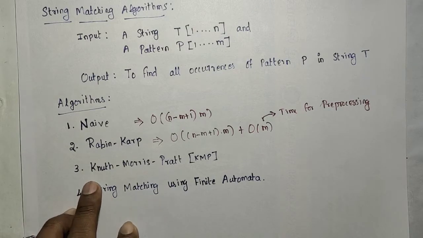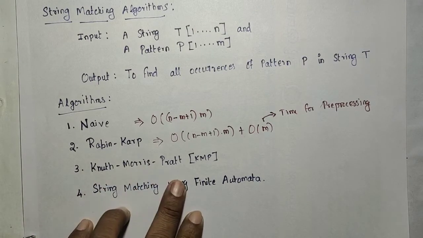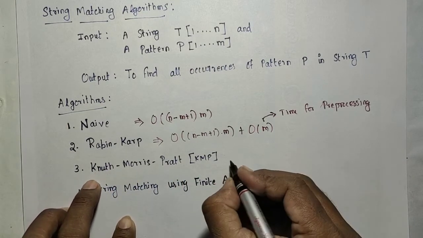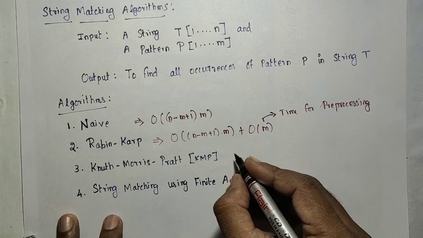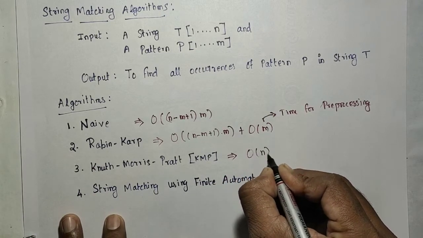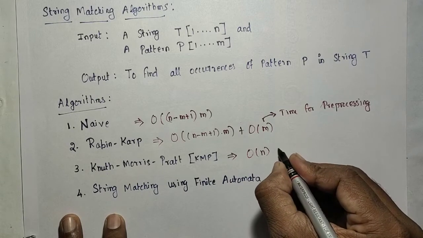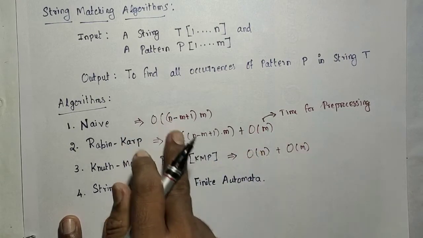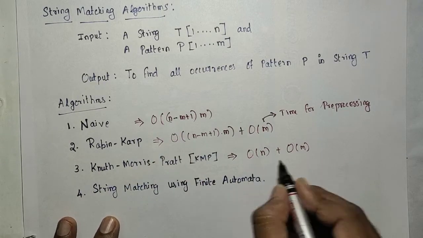And then next, the Knuth-Morris-Pratt algorithm, the KMP algorithm. This complexity is reduced to O of n plus O of m. Compared to both algorithms, this is somewhat reduced.